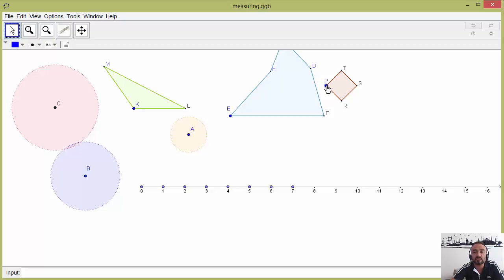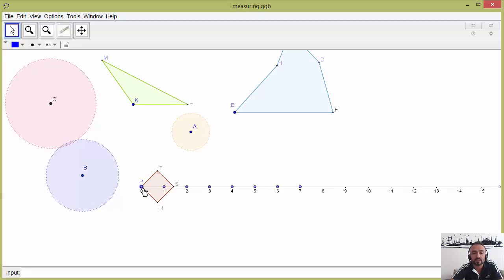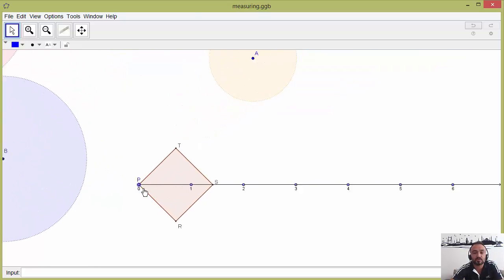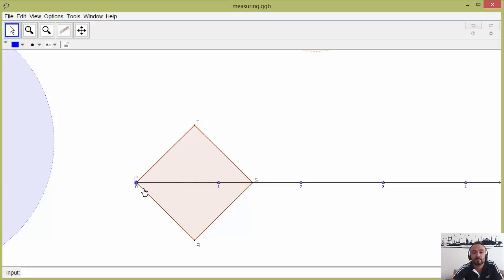Now I will try to measure the diagonal of this square. I prepared the square before. As you see, the diagonal is between 1 and 2. 1 plus how many units? I don't know. Let's try.